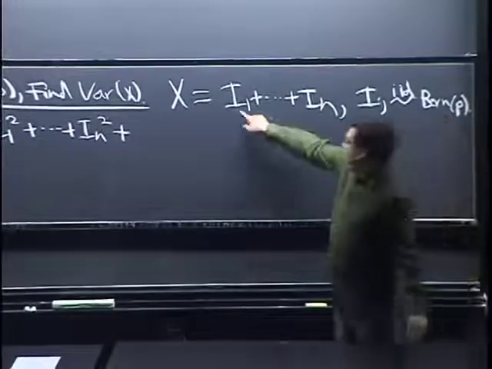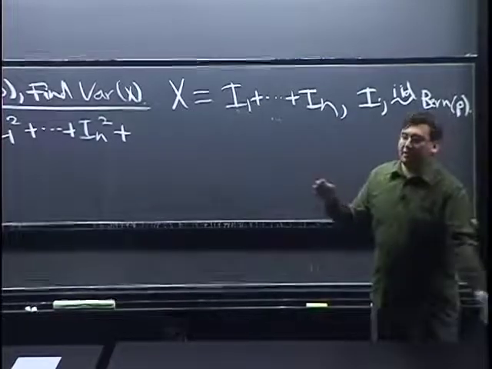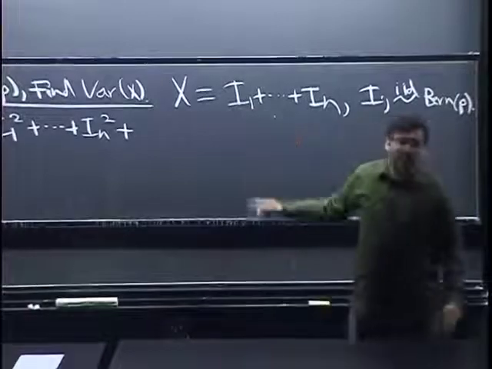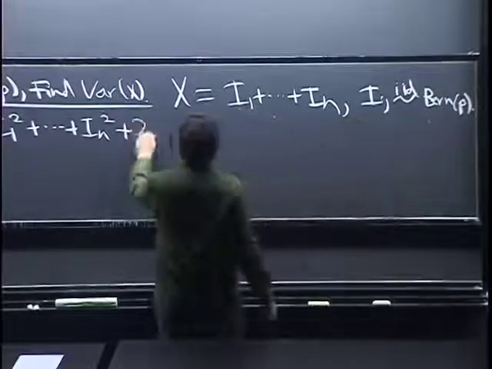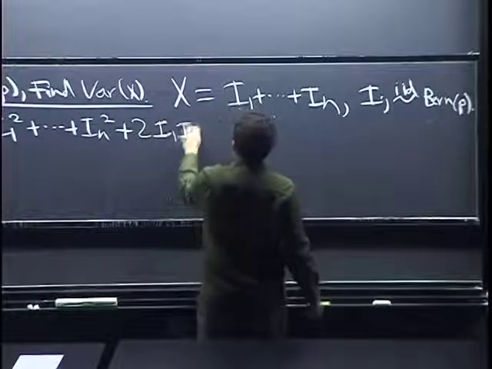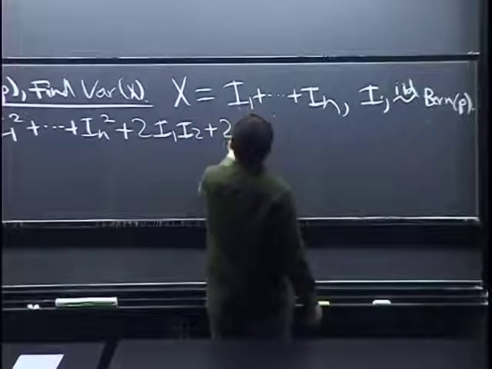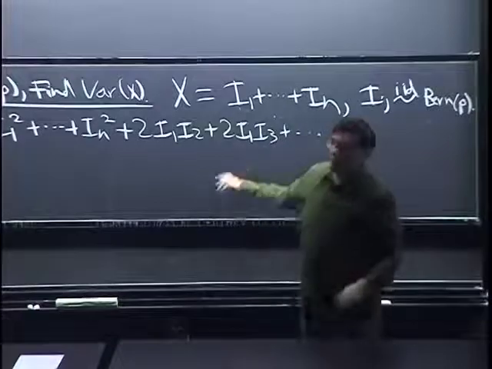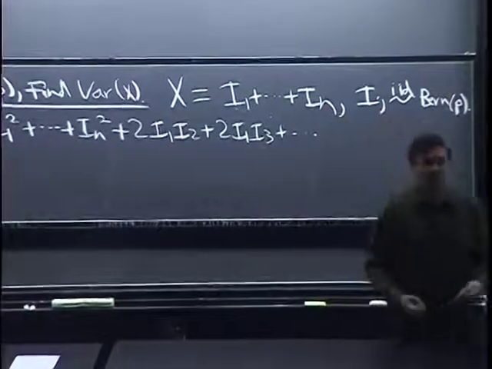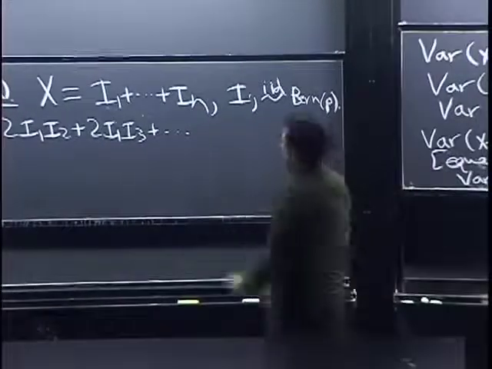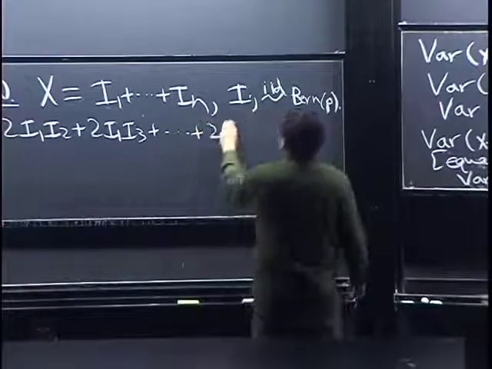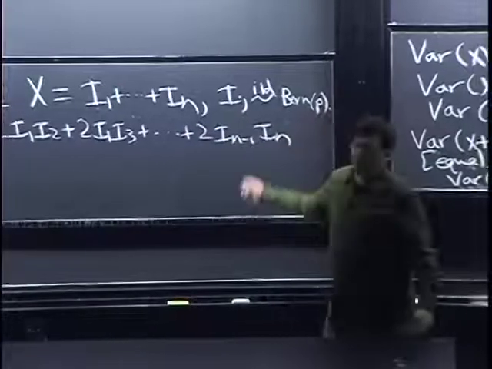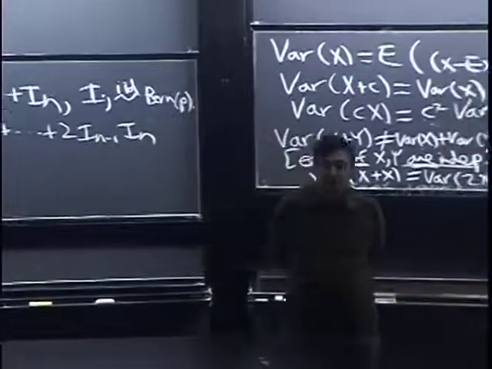Imagining this big sum times itself, every possible cross term appears twice: we have 2 I1 I2, and 2 I1 I3, and so on. All possible cross terms, and each has a 2 in front, just like when you square x plus y, you get x squared plus y squared plus 2xy. It doesn't matter what order we write them in.